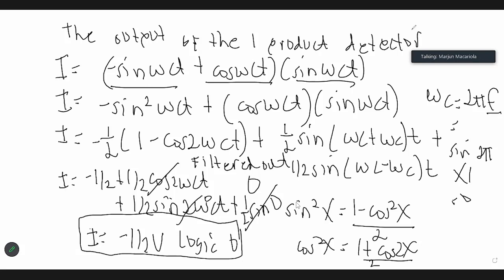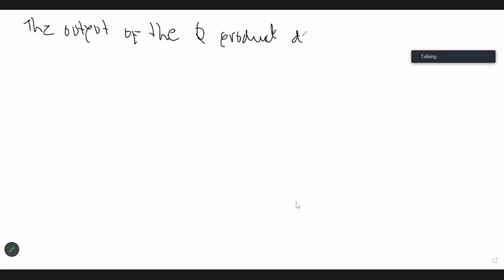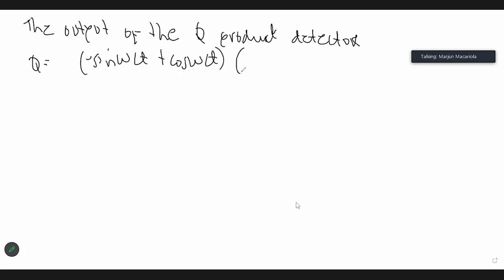So next, let's prove the one below. So the output of the Q product detector, based on our receiver, is the product of negative sine omega ct plus cosine omega ct multiplied by cosine omega ct.